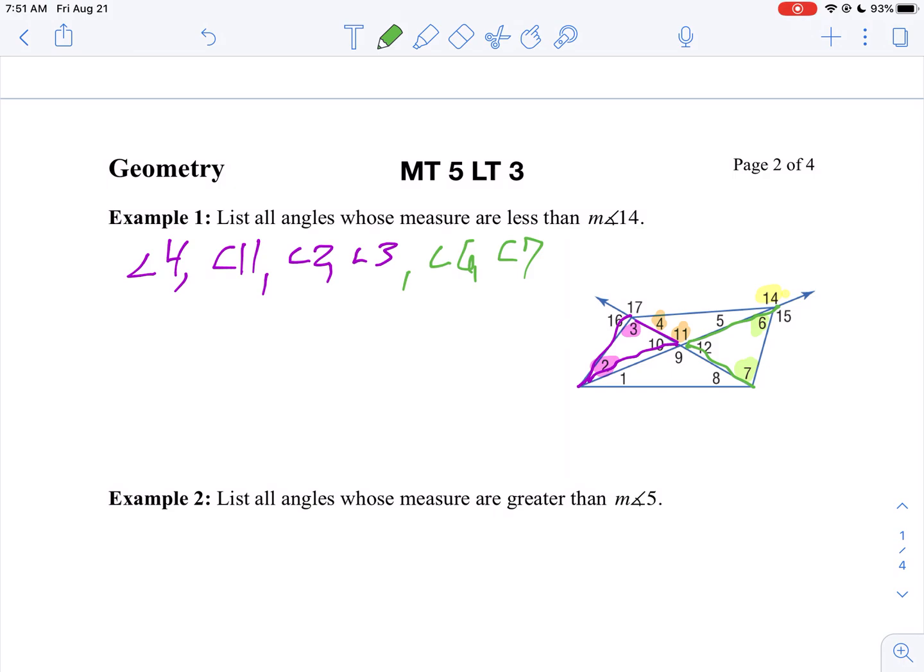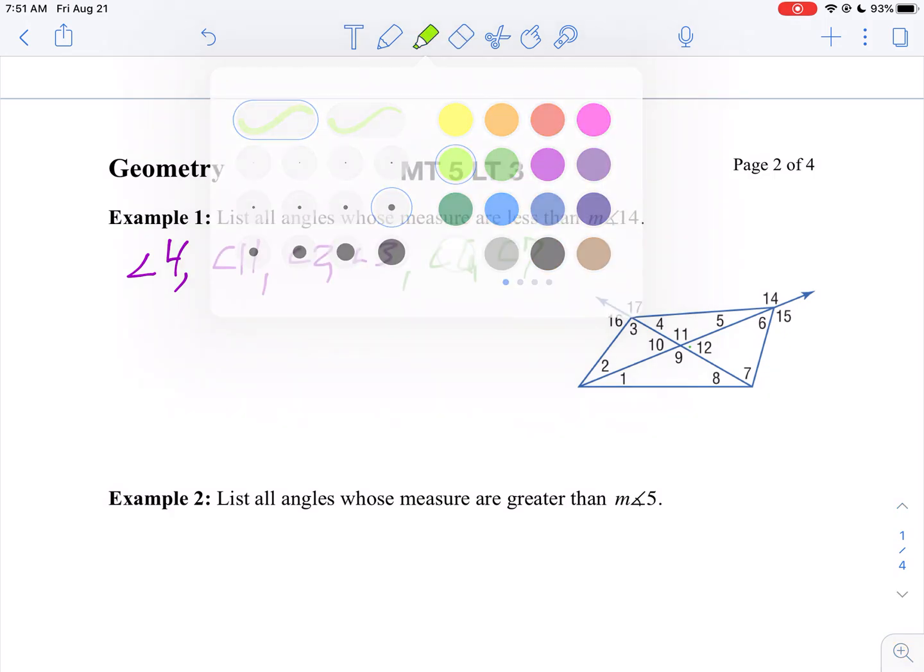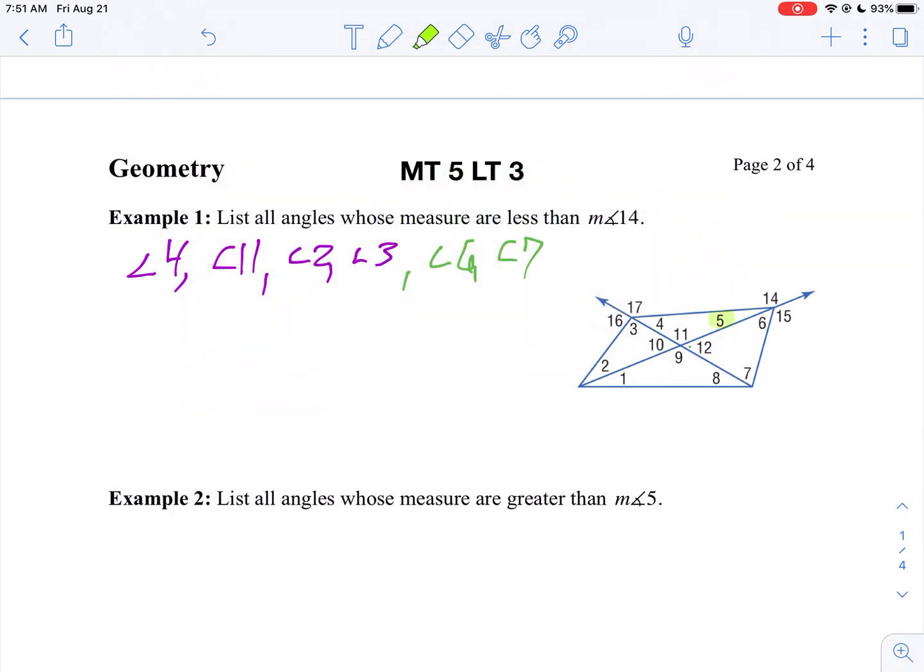Okay, now let's take a look at example 2. I'm going to erase what we just did here, and we kind of go backwards. I want to list all the angles that are bigger than angle 5. So let's find angle 5. What is an exterior angle to angle 5?